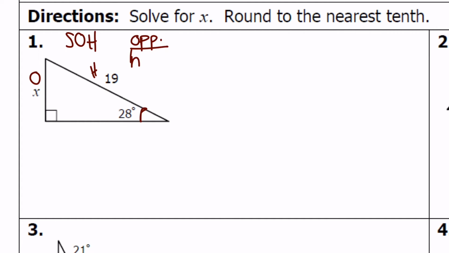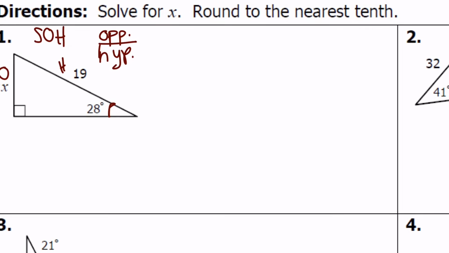So that tells me the sine of 28 is equal to my opposite, which is x, over my hypotenuse, which is 19. Now I use my basic algebra to solve for x.